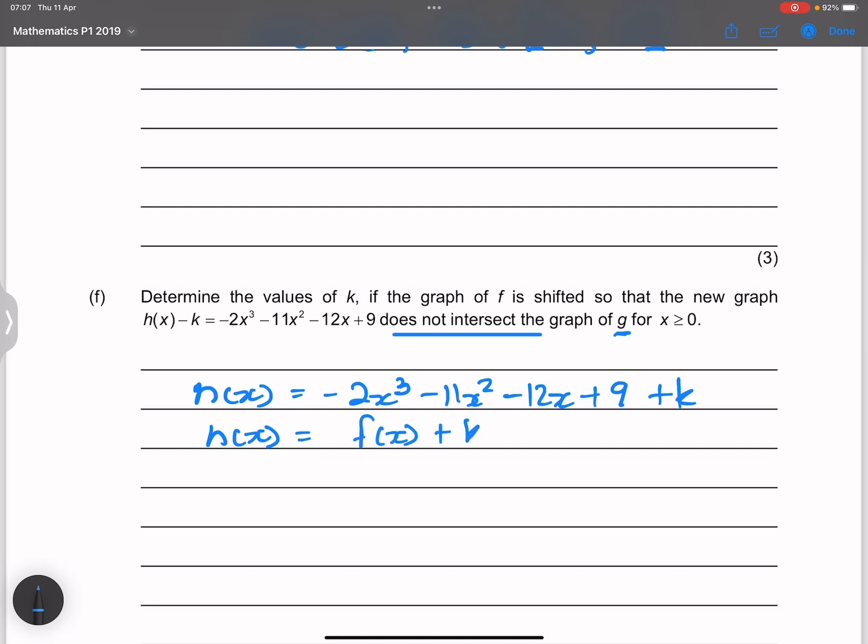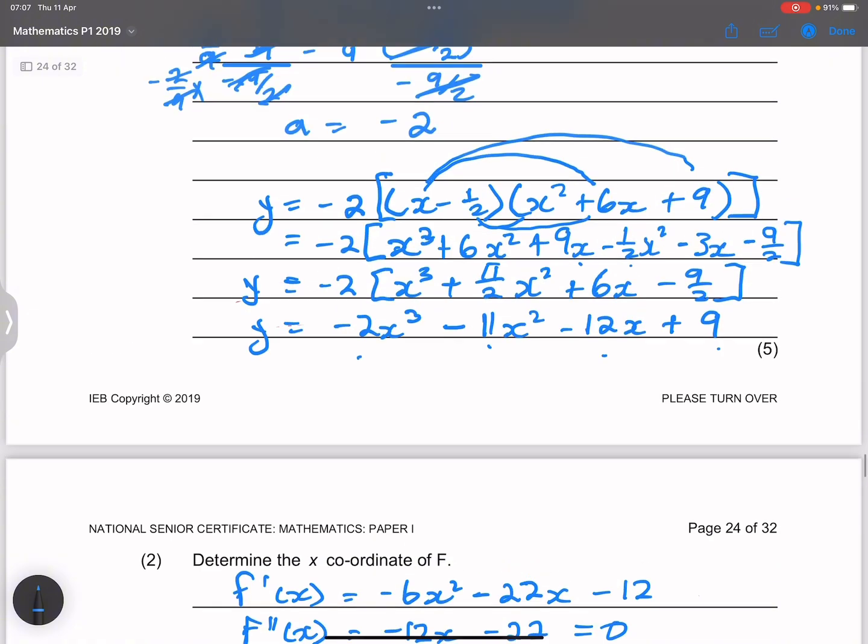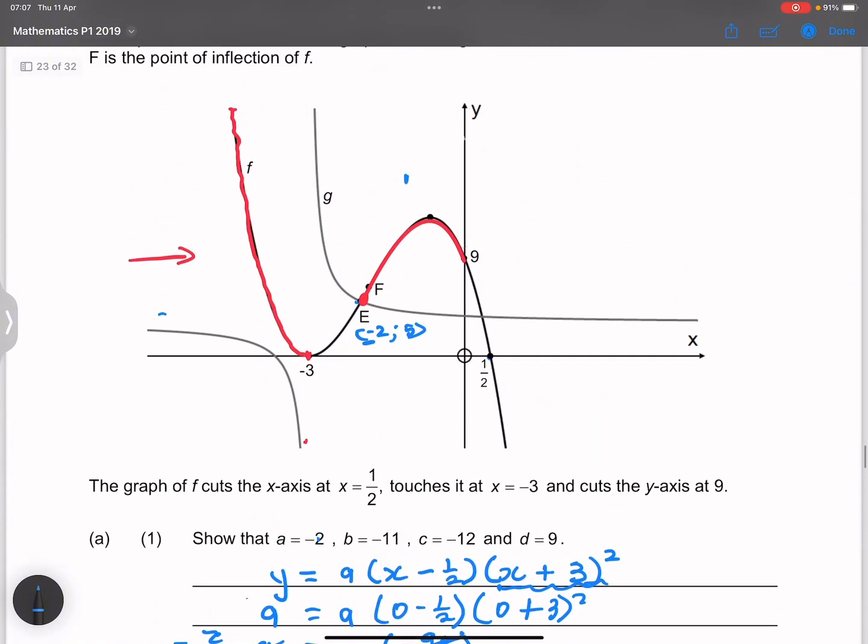So we want to know how we will have to shift the graph of f, so that it does not intersect with the graph of g. So essentially that's what we are asking. Right, so let's go back to the graph. We're saying we're looking at the right hand side. Now they will only intersect.